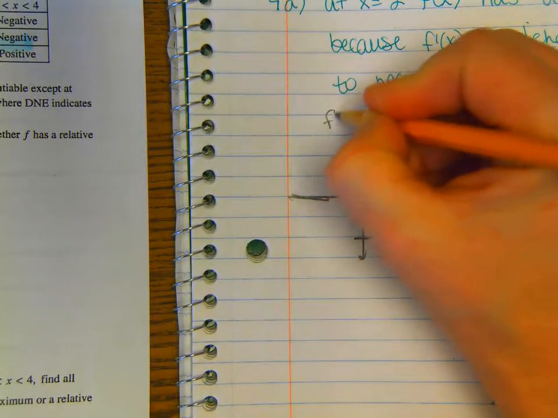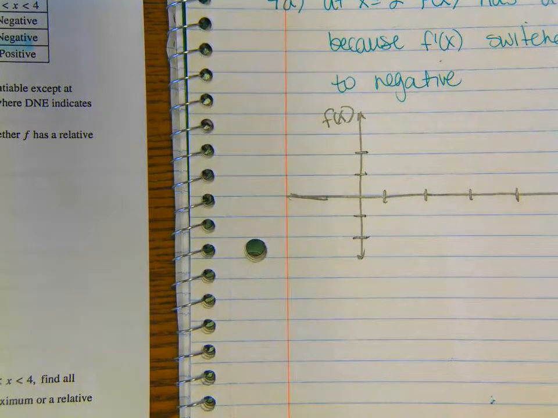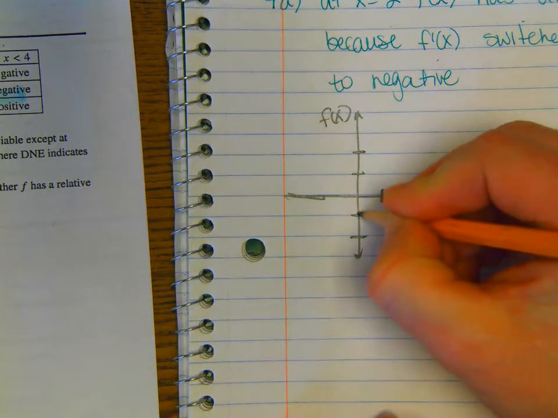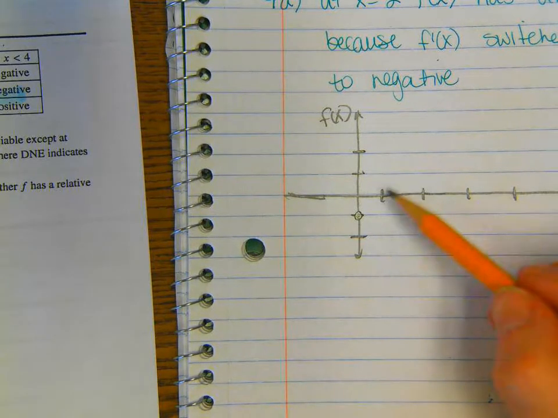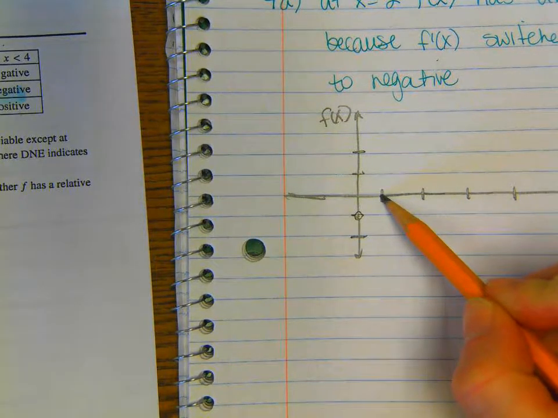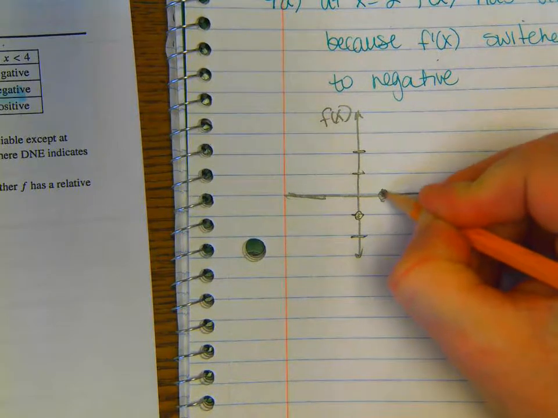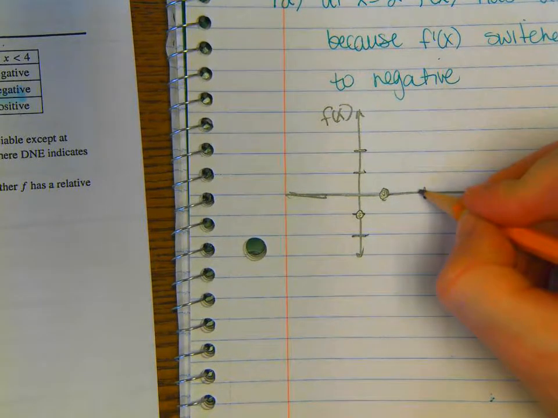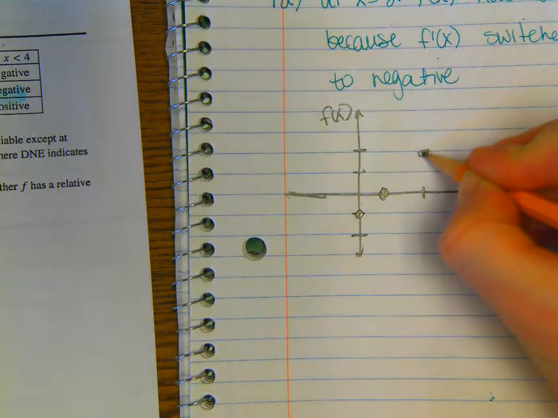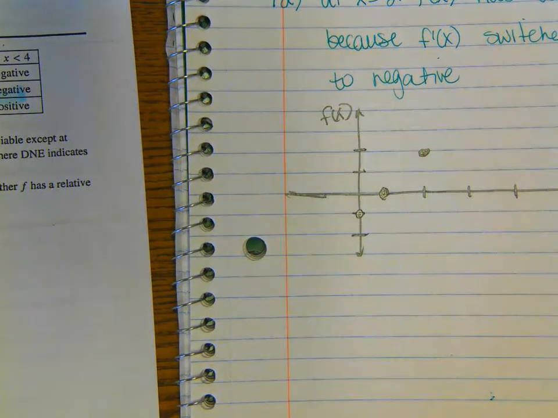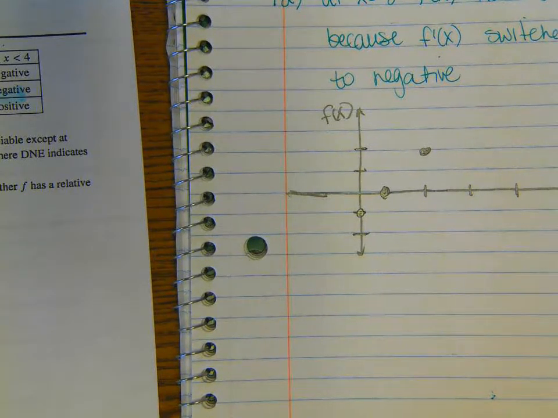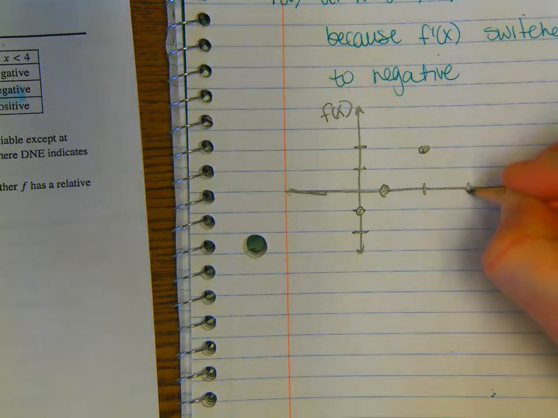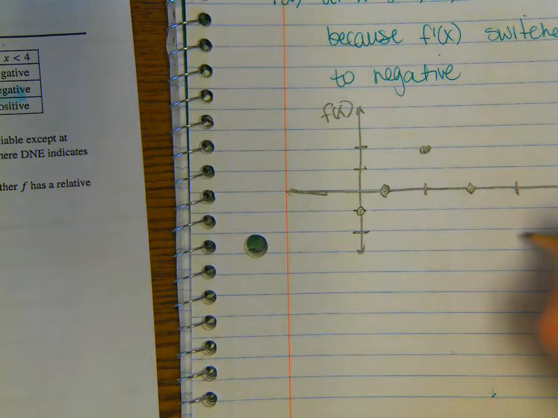What is f of 0? In the table, f of 0 is negative 1. So I'm going to start this off at negative 1. What is f of 1? 0. What is f of 2? 2. So I'm going to just plot these points and then I'm going to address my other stuff in a second. What is f of 3? And what about f of 4? Don't know. Okay.